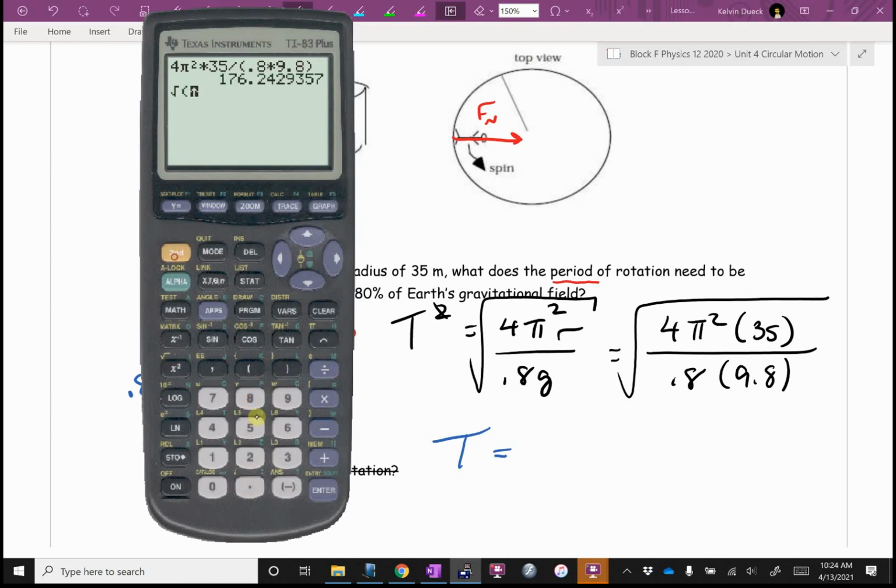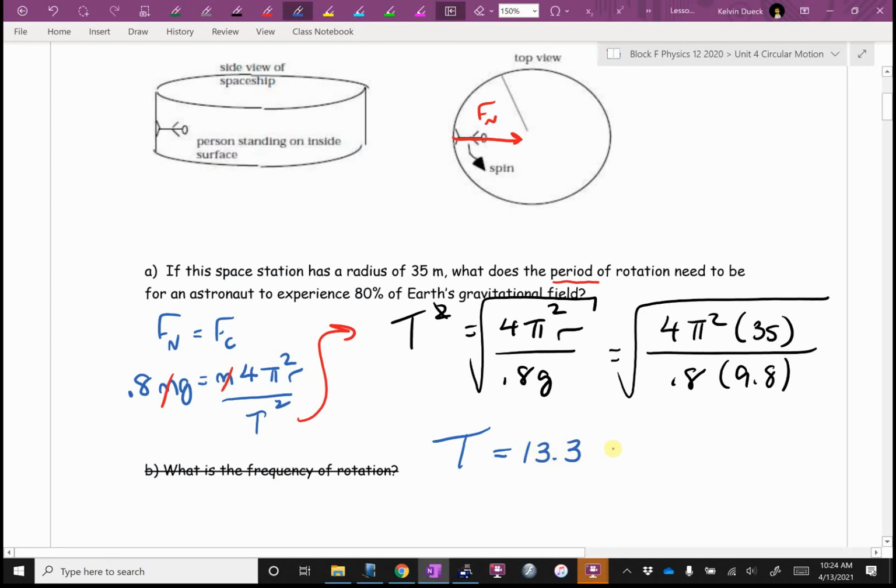Square root of that. I got 13.3. So if we have this space station rotate once every 13.3 seconds, that will generate 80% of gravity. Period is measured in seconds. It's a time, the time to go around once.